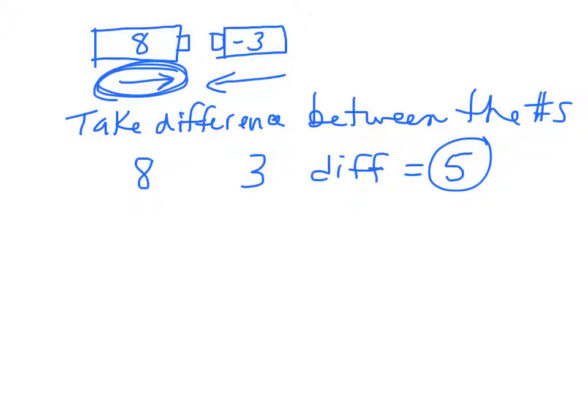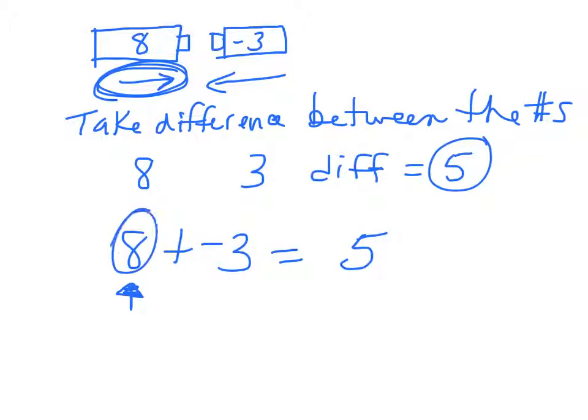So 8 plus -3, when they fight it out, the positive 8 is going to win because he's bigger than the 3. Don't think of subtracting 8 minus -3. Just take the difference between 8 and 3, which gives you 5, and then say which battery won. It's the positive battery because it's a bigger value, so you can put a +5.